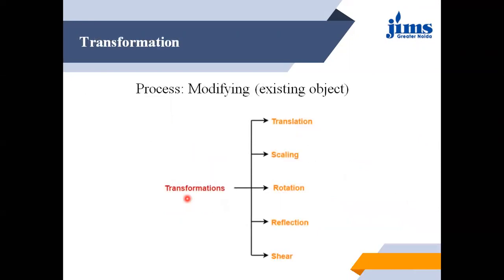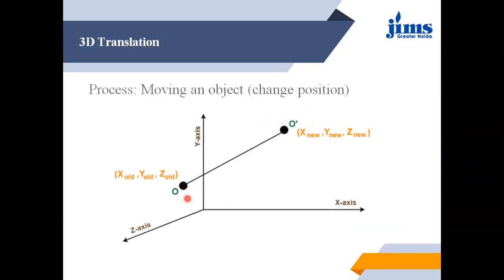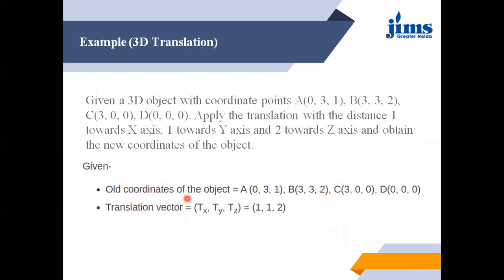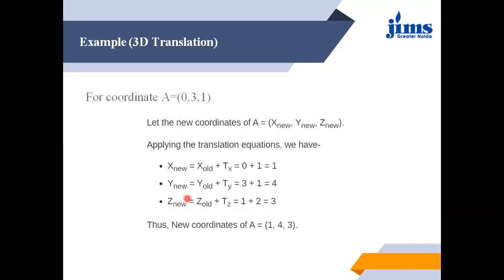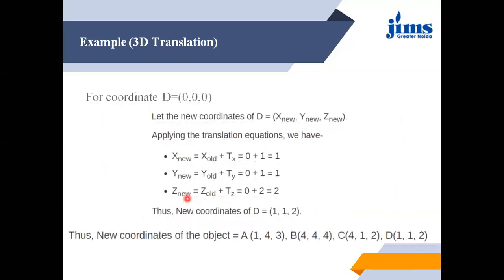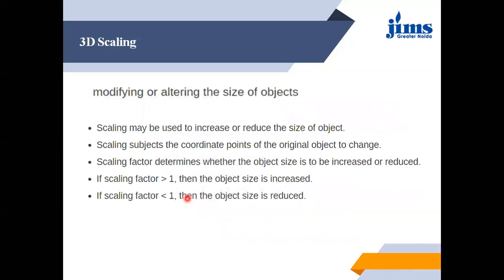Then we discussed transformations, and studied the first one, 3D translation, and we did one example based on 3D as well. So in today's class, we will discuss 3D scaling.